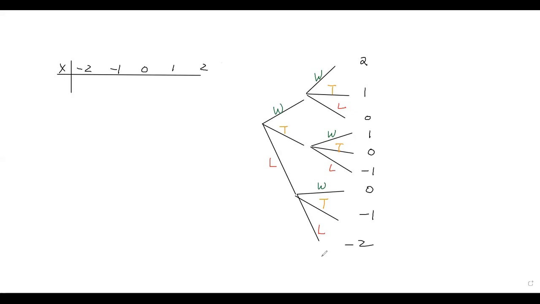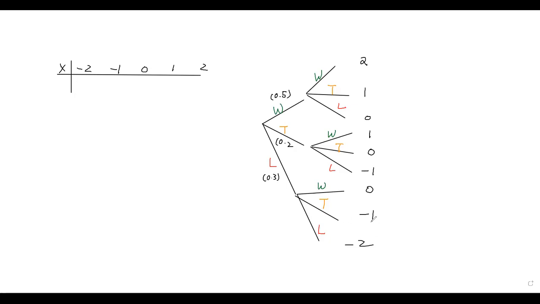All right. So let's take a look. For the -2, that means you lost both games. We know losing a game is 0.3, tying a game is 0.2, winning a game is 0.5, right?